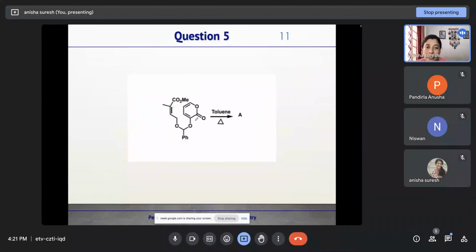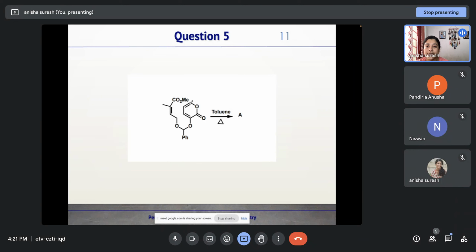Now coming to question number 5. Here also we have to predict the regiochemistry and the stereochemistry of the product. So what will be the reaction that is taking place here? Is it a 4 plus 2 cycloaddition or a 2 plus 2 cycloaddition?